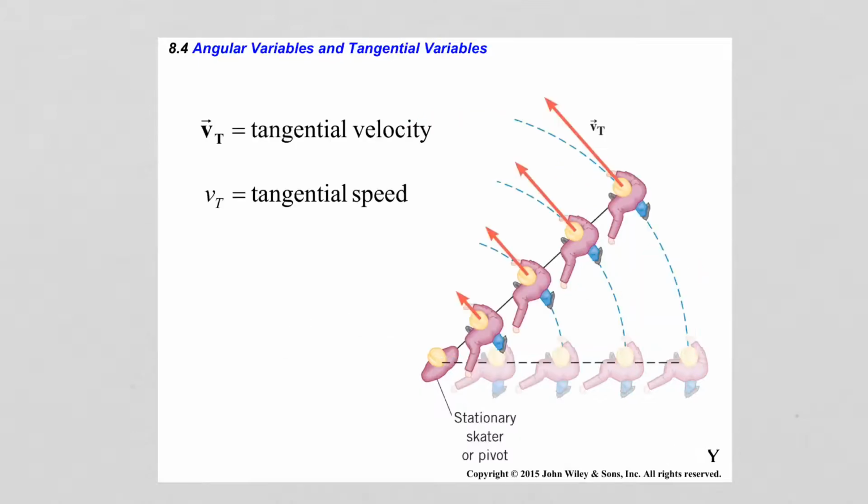As I mentioned, this line of skaters has to remain straight, while at the same time every skater accelerates. So they're trying to spin faster and faster around this axis of rotation here at this skater. That means that each of those skaters is also accelerating.